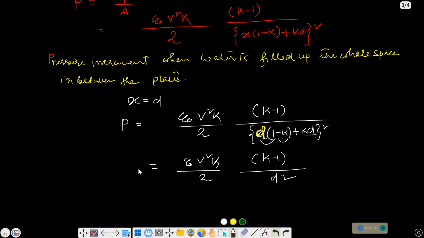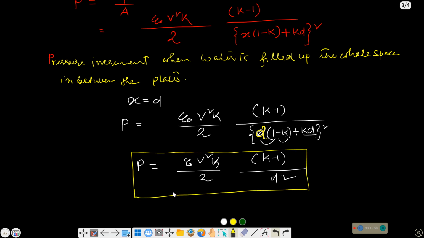So this is the pressure expression asked in the question. If you put the values, K is equal to 81, the value of d is given in the question, and V is also given, it is 500 volt, I think. Now put these values, and you will get the numerical value for the pressure.